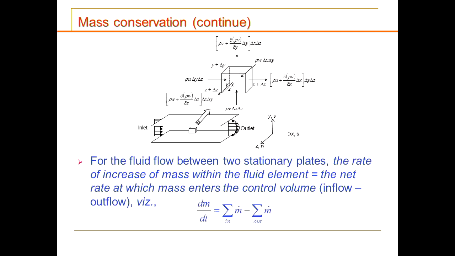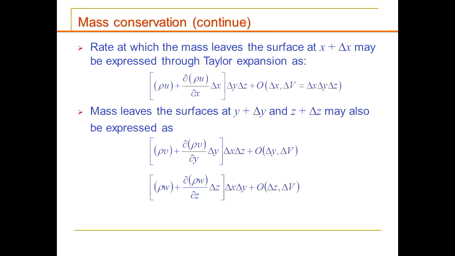So you are left with minus d rho u by dx times dx dy dz. And I can already tell what will go for the y and z directions, by similarity: d rho v by dy times dx dy dz. This equals dV, which is your volume. So I'll just put dV.